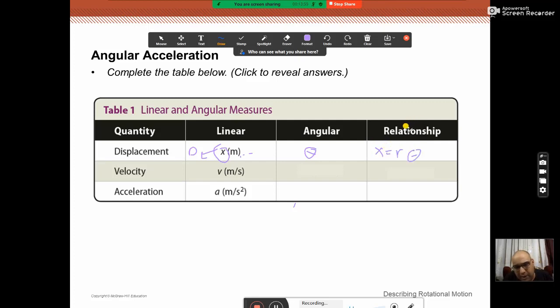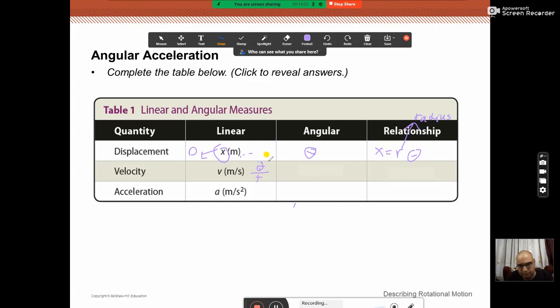So to change from the angular system to the linear system, you have to multiply the angular value by r. R here is the radius. The velocity is measured by meter per second, distance over time.